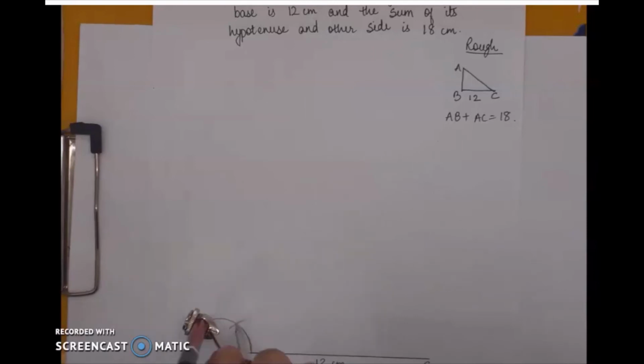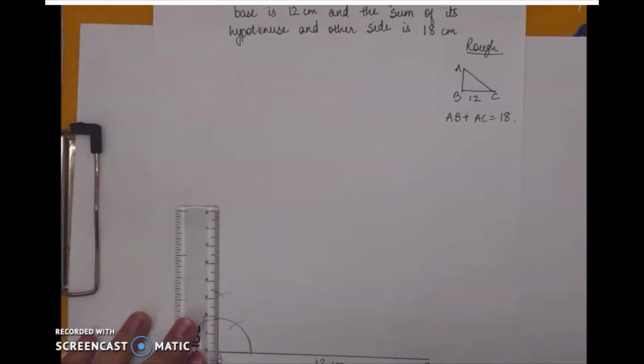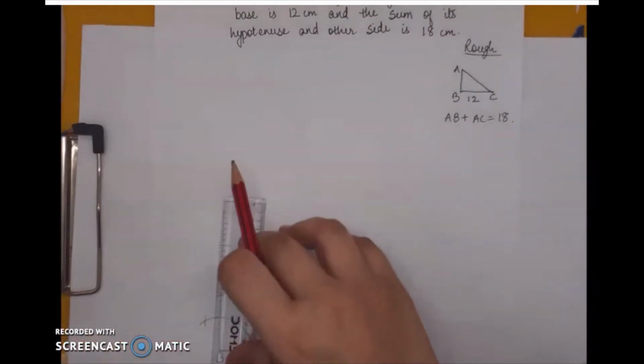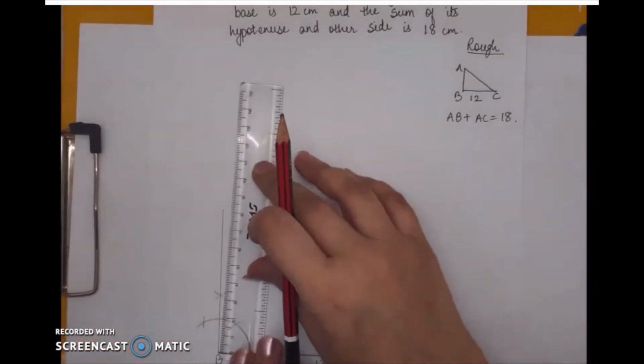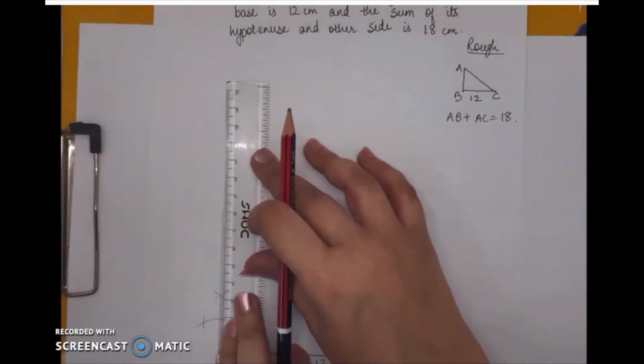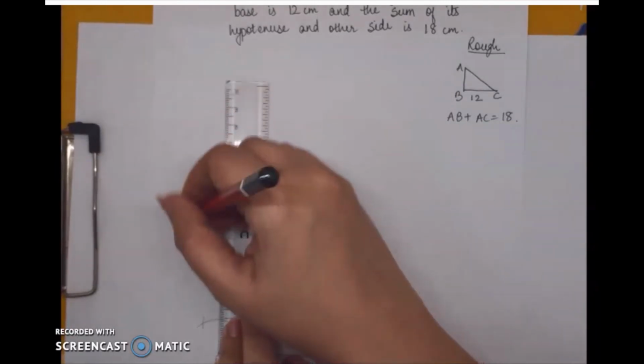This is 60, 120 and then bisect. Now sum of the other two sides is given as 18. So I have to measure 18 centimeters over here.